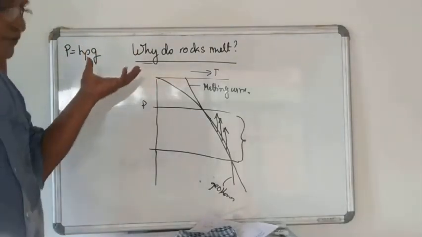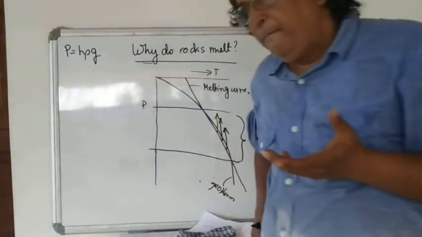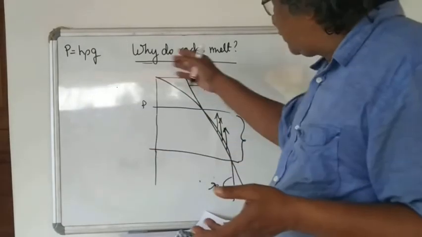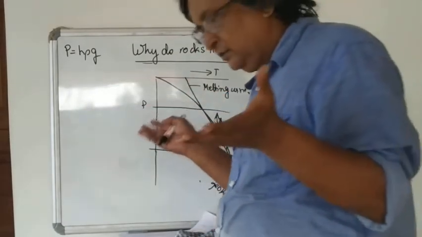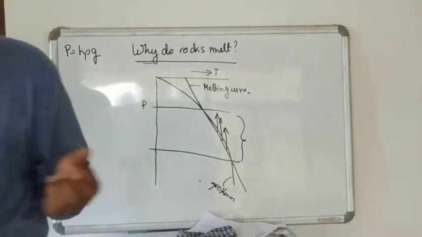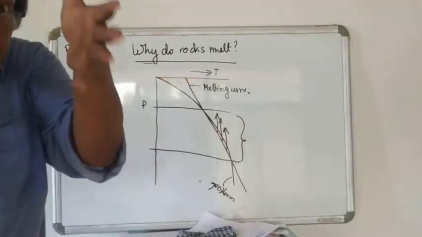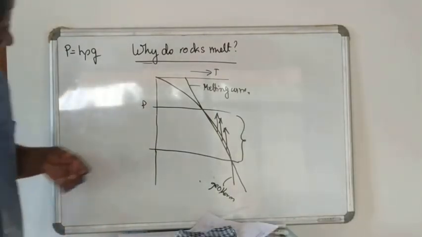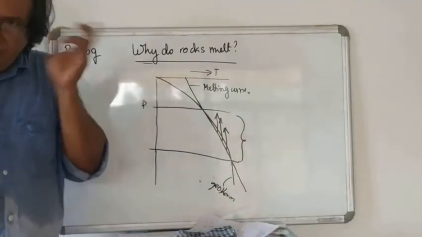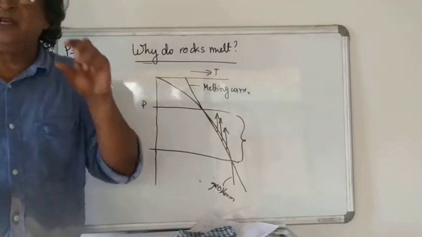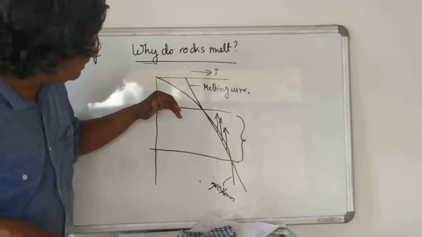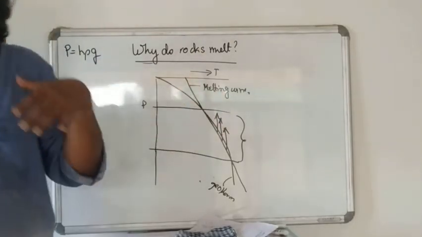So, how do rocks melt? Normally rocks will not, because the geotherm is mostly lower than the melting curve, except for the outer core molten layer which I asked you to read about. But the earth can experience melting if the melting curve intersects the geotherm.